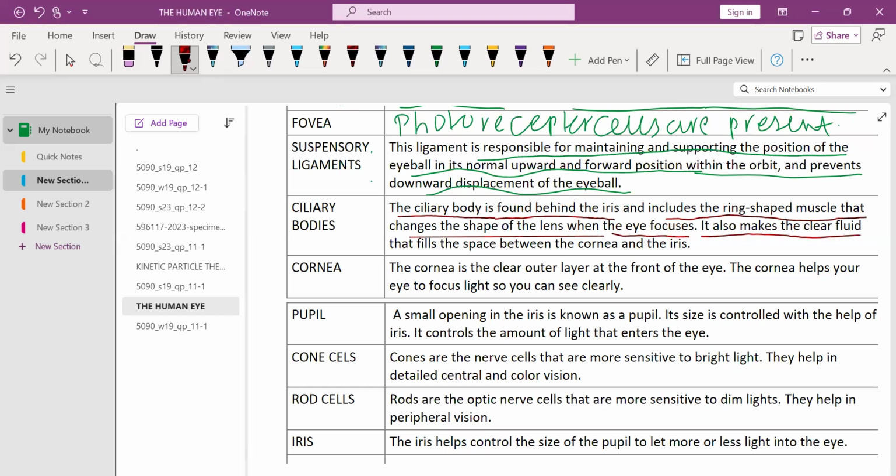It also makes the clear fluid that fills the space between the cornea and the iris. Between the cornea and the iris, there is a fluid, and this fluid is made by these ciliary bodies. These ciliary bodies change the shape of the ring-shaped muscle to change the shape of the lens when the eye focuses.